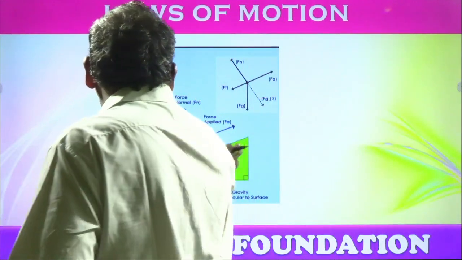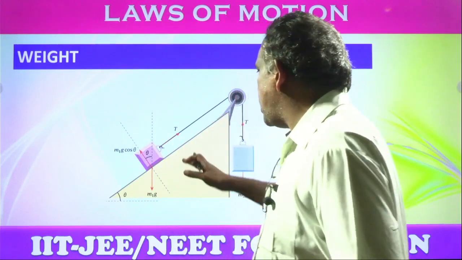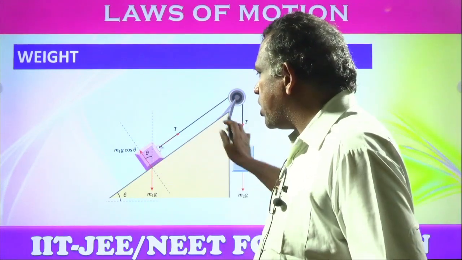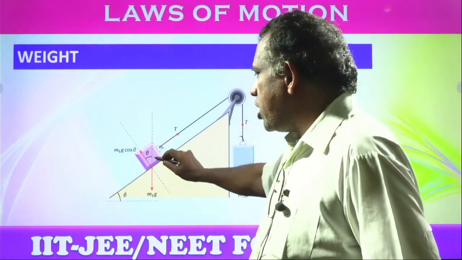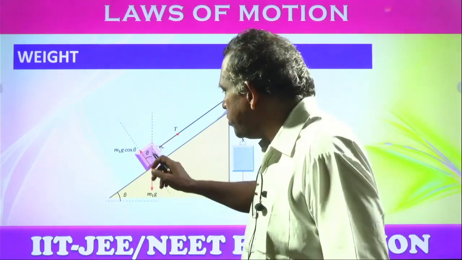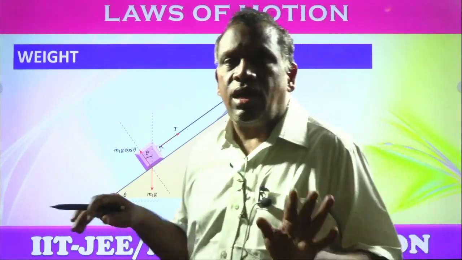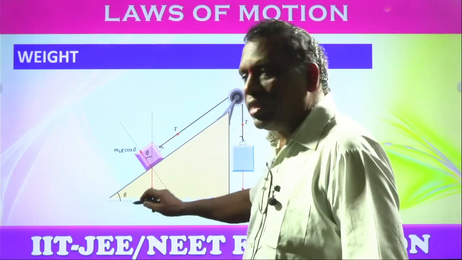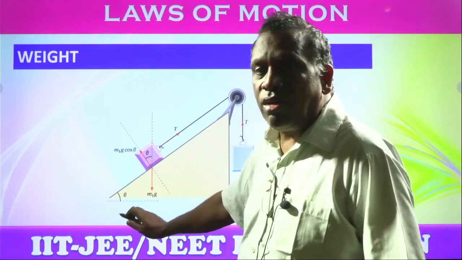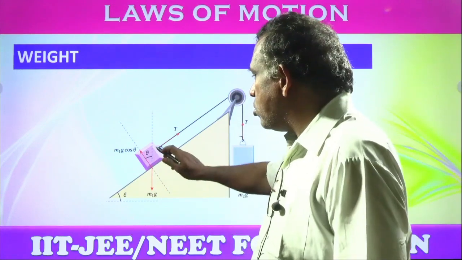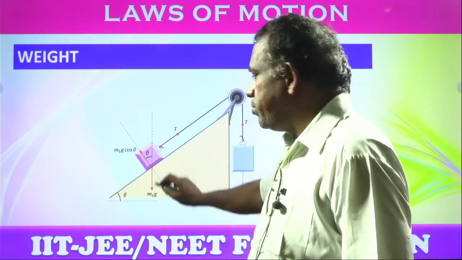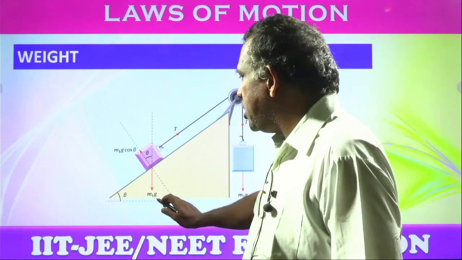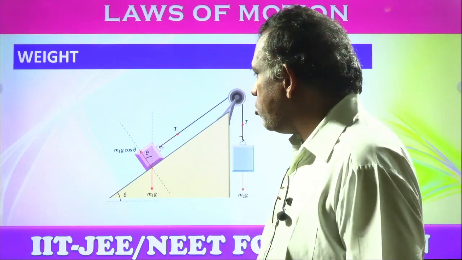Coming to this, here there is a pulley, and the object is on the inclination. If you observe carefully, the object is not lying on a horizontal surface; it is lying on an inclined surface. The angle of inclination is theta. So m1 is the object, and the gravitational force m1g acts vertically downwards.